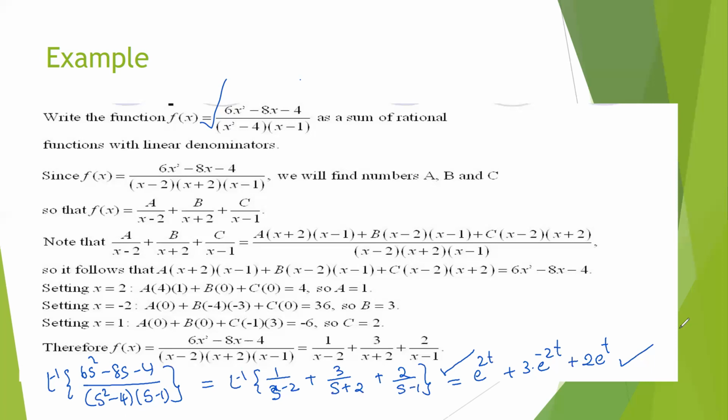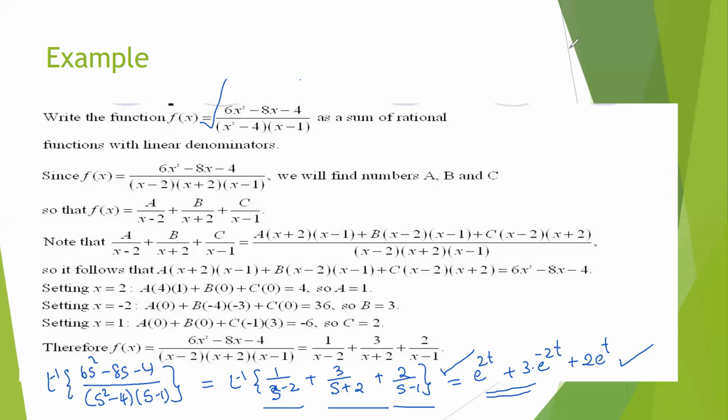Whenever we are supposed to find the inverse Laplace transformation of any fractional rational function, by using partial fractions the rational function should be split into a number of terms. These terms will be standard functions in inverse Laplace transforms, so that we can directly apply the inverse Laplace transform to each and every term to get its respective answer f of t.